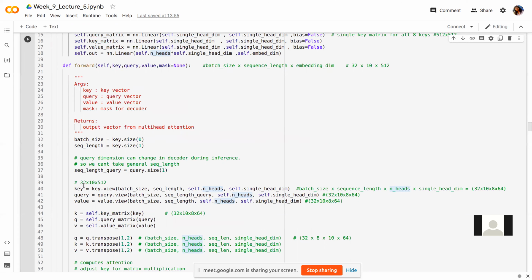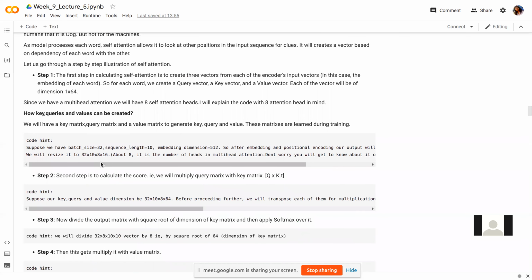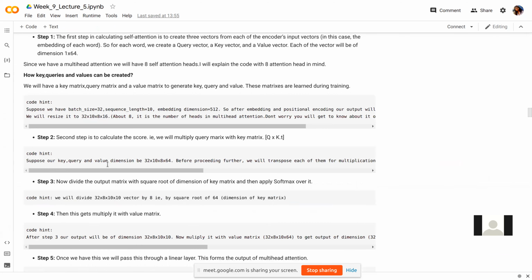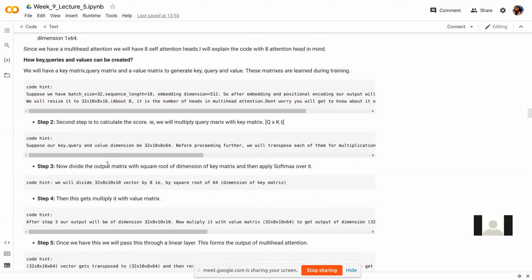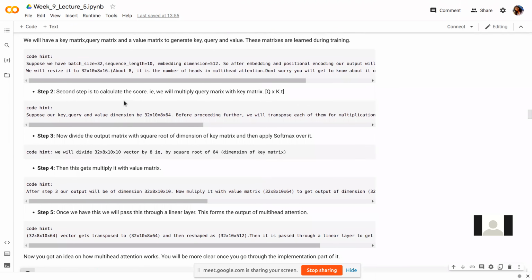Right? Now, I think we can look here. So we have this 32 cross 10 cross 8 cross 64. Now we can reshape it so that we can process each head independently.